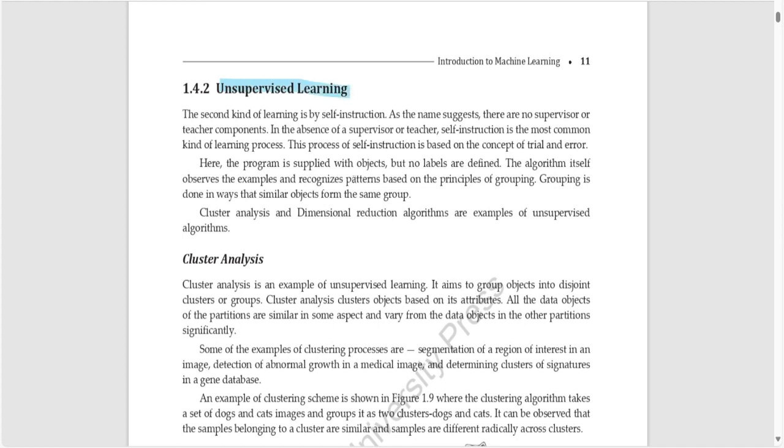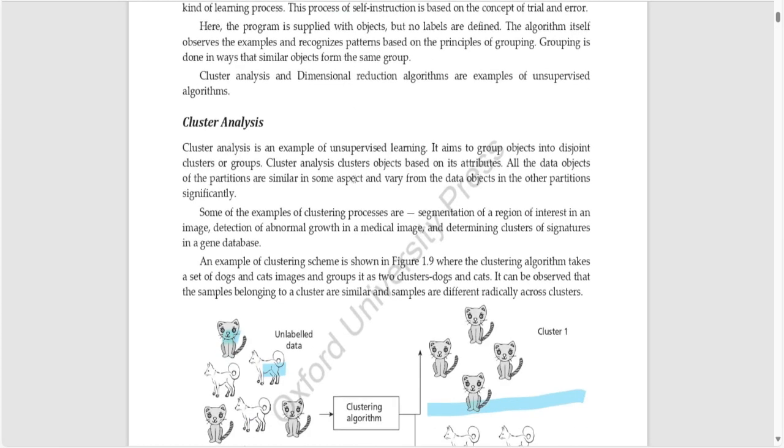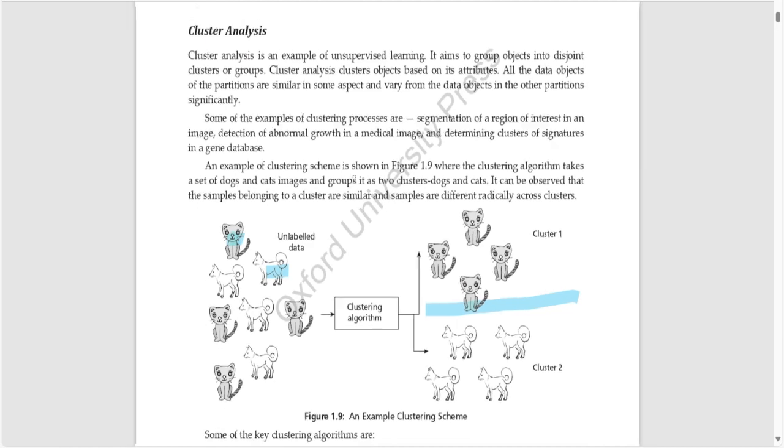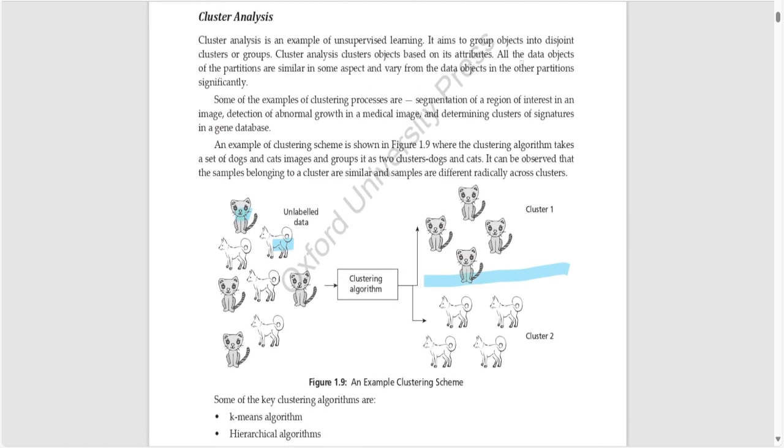Unsupervised learning is of three types: cluster analysis, association mining, and dimensionality reduction. So what happens in cluster analysis? Cluster analysis groups the objects into clusters or groups, like they have done here, and then these data objects are used to train the model, and then it will give the output to us.